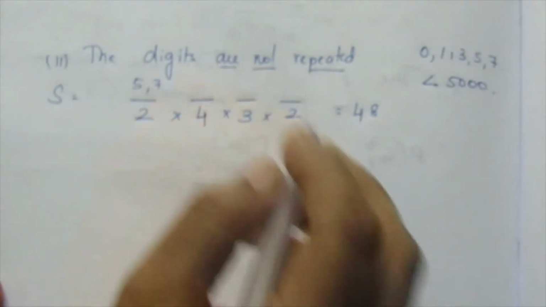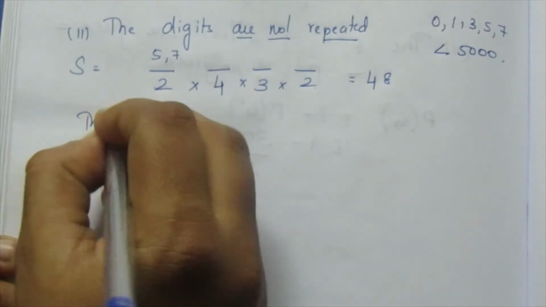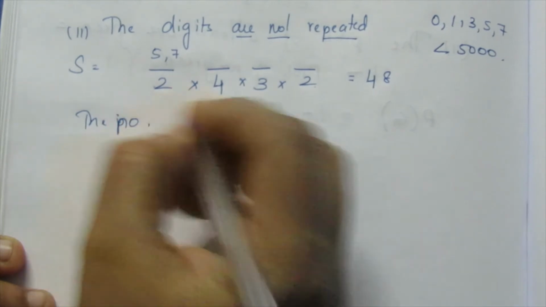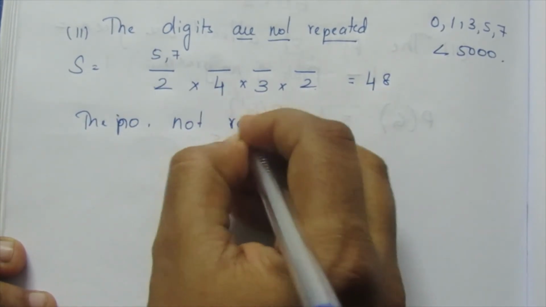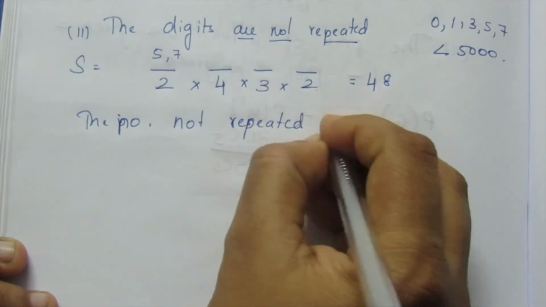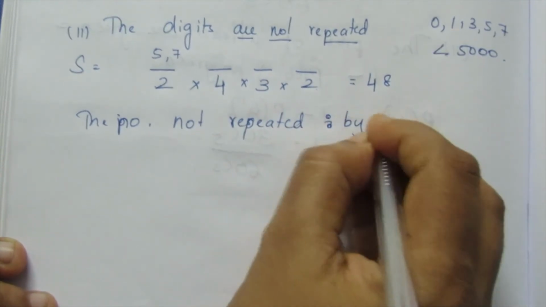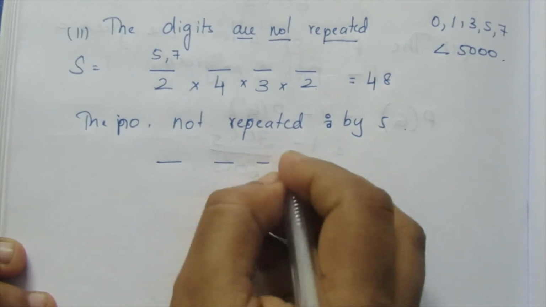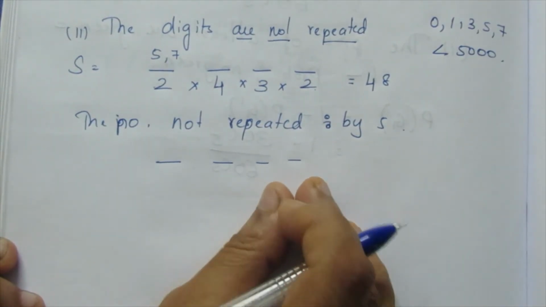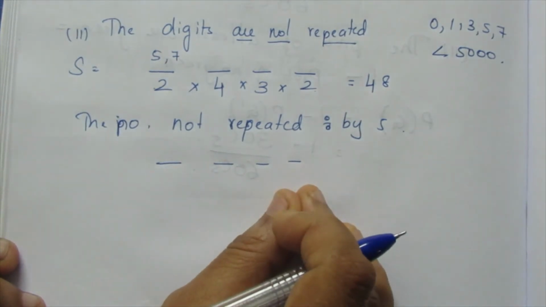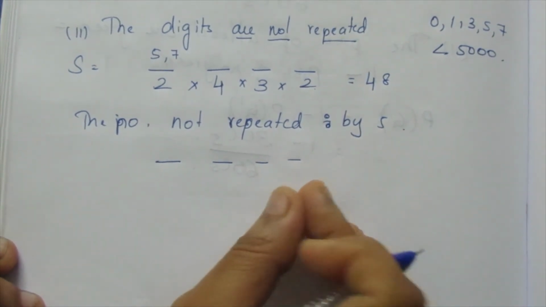They have asked for the number not repeated. The probability, sorry, let me find the number not repeated and divisible by 5 first. Now, as we know that for divisible by 5, we need to fill the unit digit first. We have a unit digit of 0 and 5.